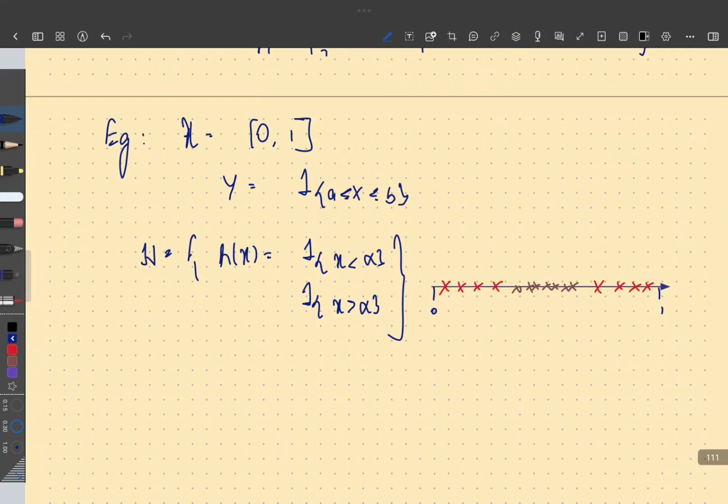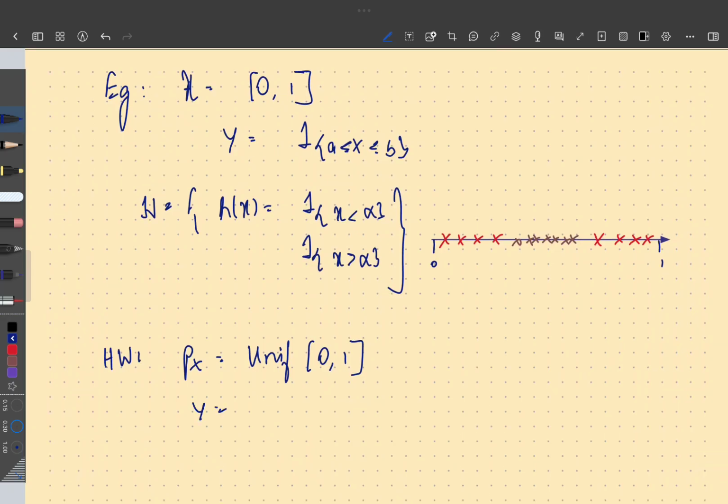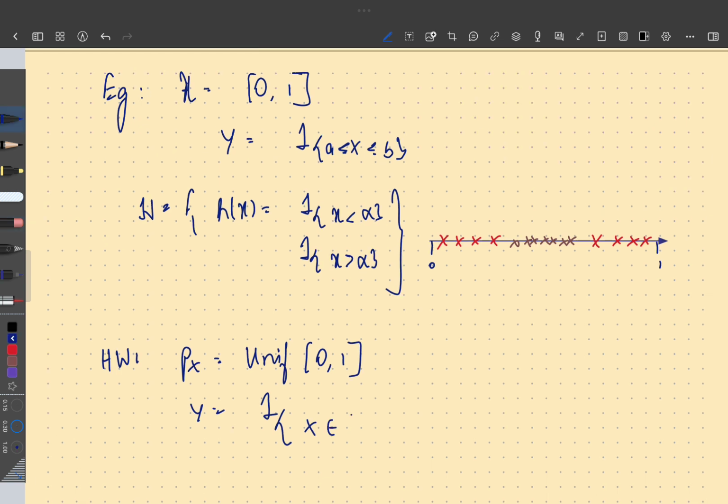So here's a homework problem. Suppose that P_X is the uniform distribution over 0 to 1, and let's fix a particular ground truth. Let's say that y is the indicator that x is between 1/4 and 3/4.